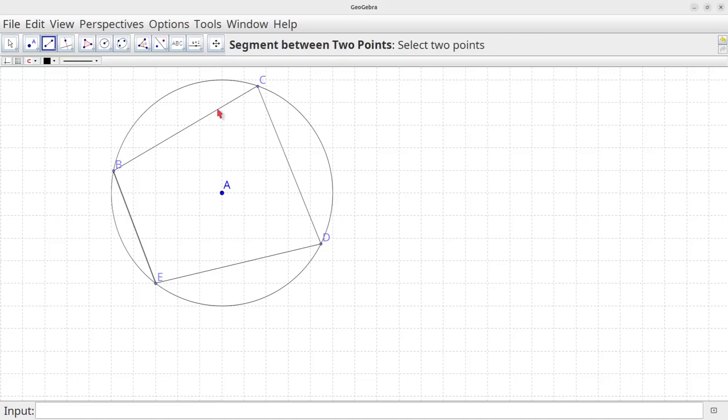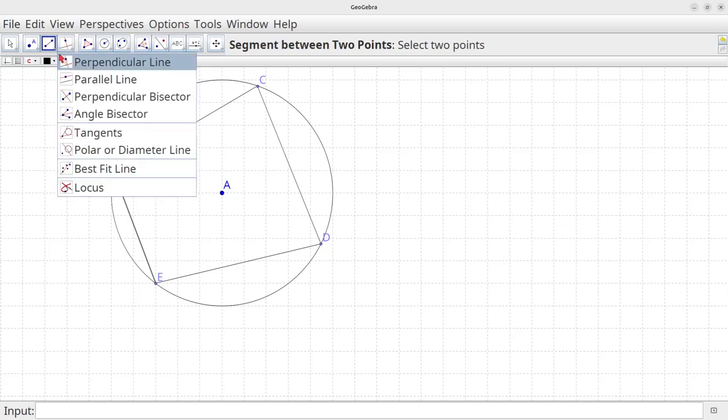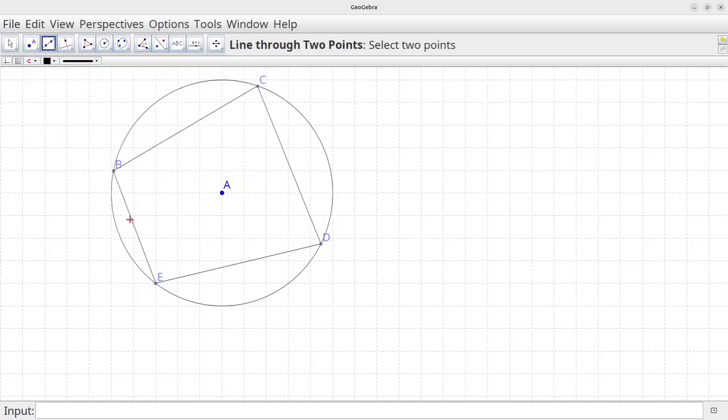From there, let's try to extend one of its sides, maybe this one.